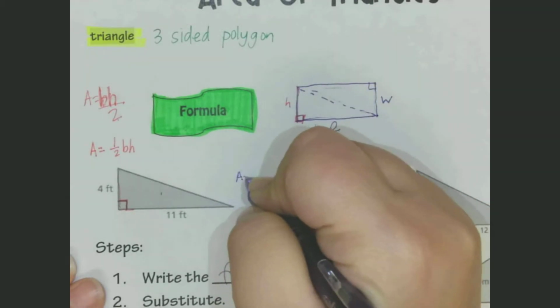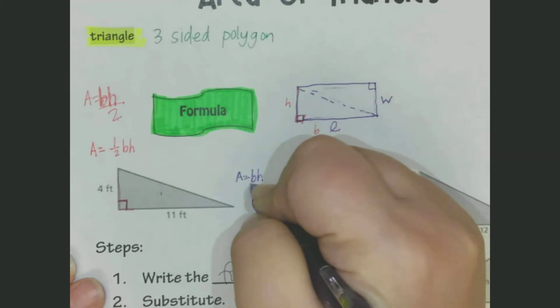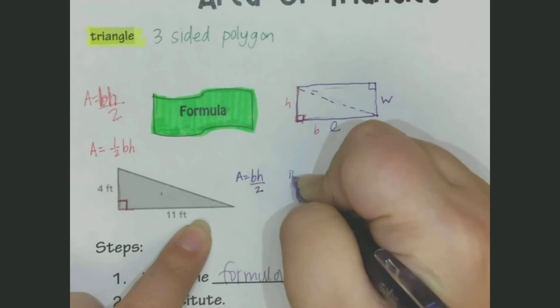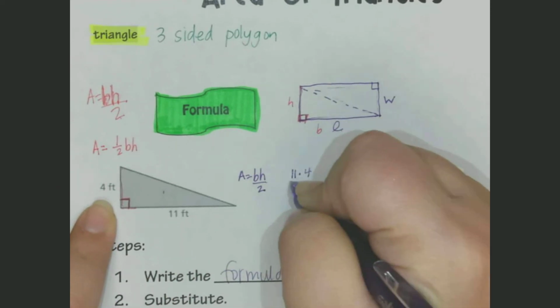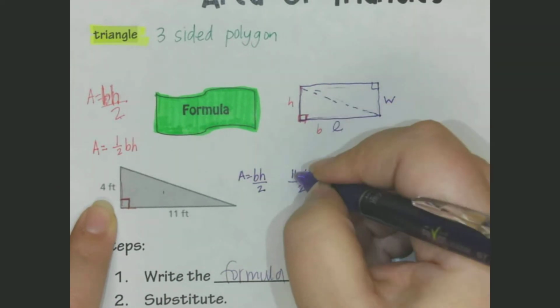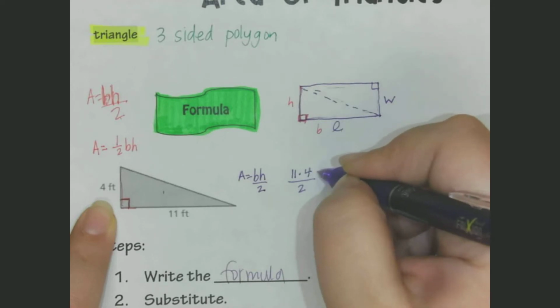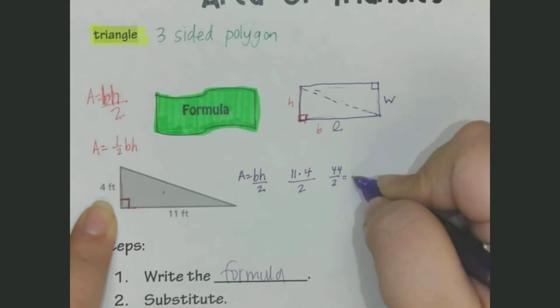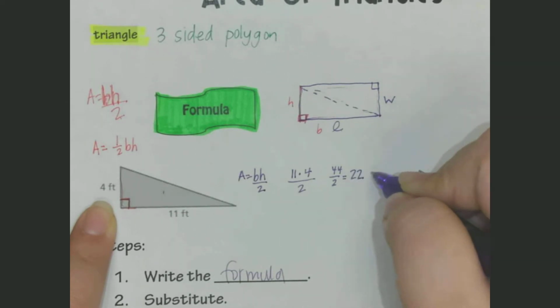We'll do it both ways. The area equals base times height divided by 2. So my base is 11, my height is 4, and then I'm going to divide that by 2. So 11 times 4 is 44, and 44 divided by 2 equals 22 feet squared.